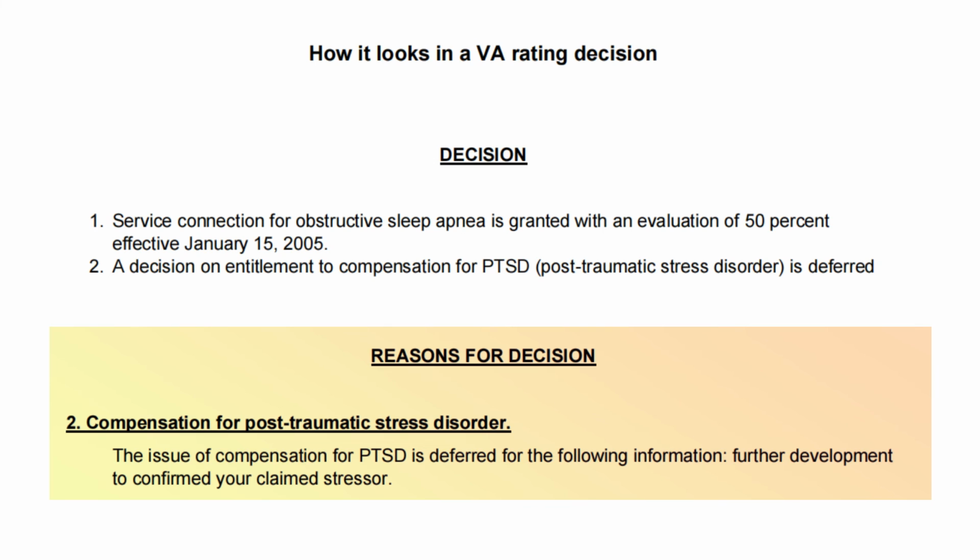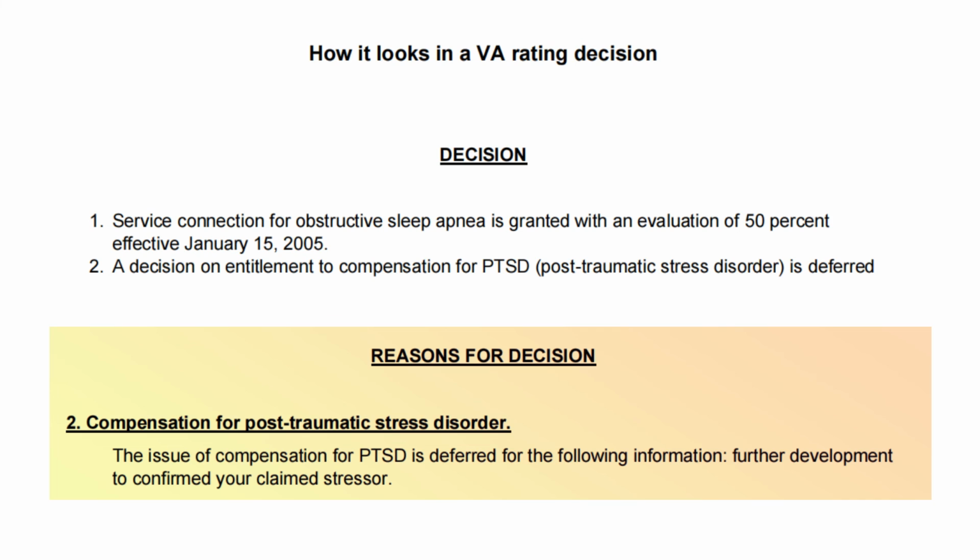Now, when I rated, I tried to give the vet as much information as possible as to why I was deferring that issue. So it says further development. Most adjudicators today just say further development, and that's it. And you don't know what that further development is. It could be for a VA examination.